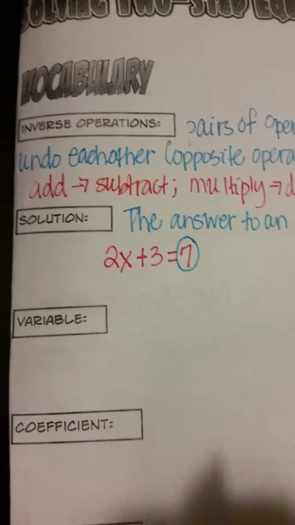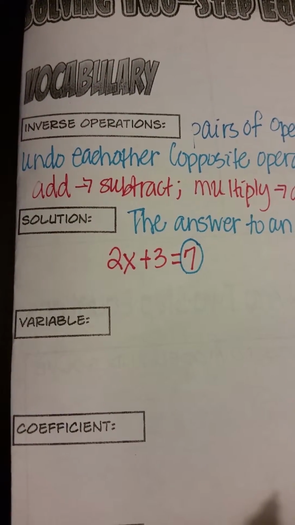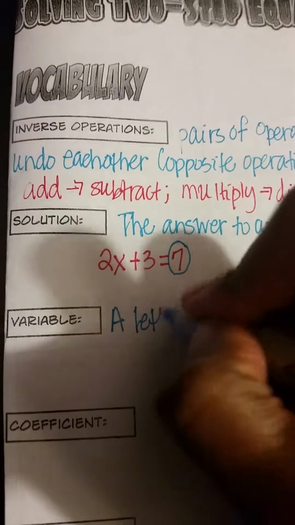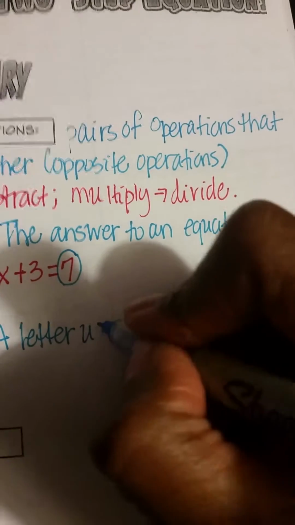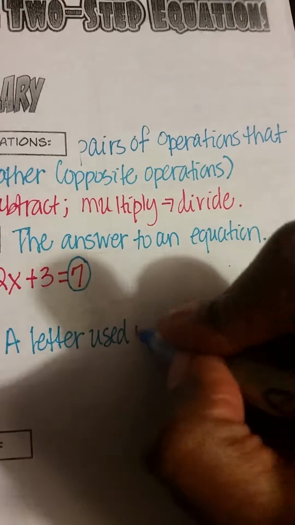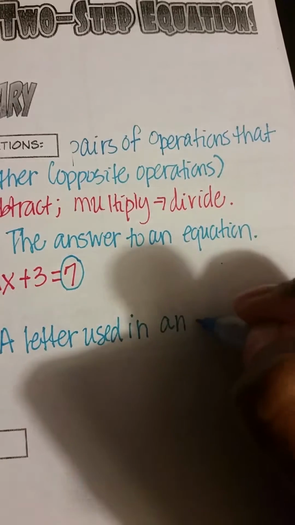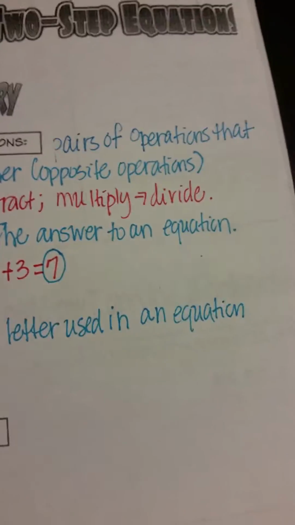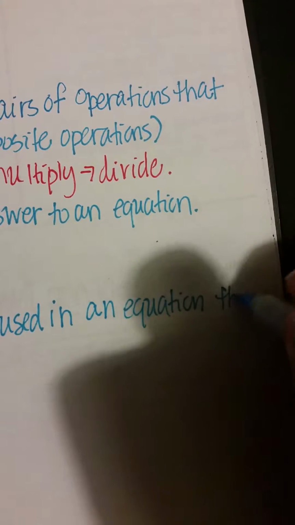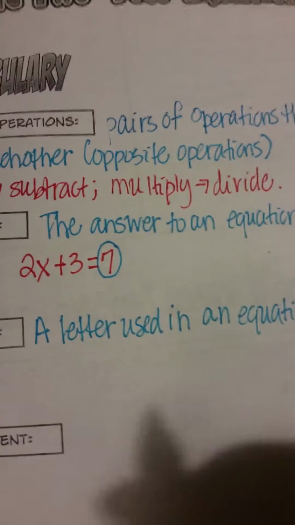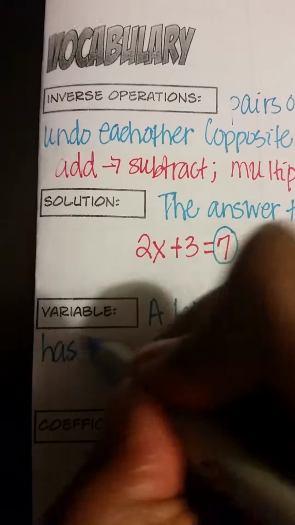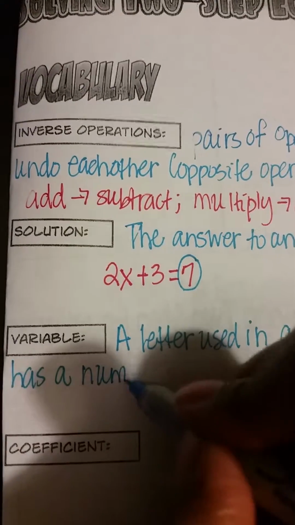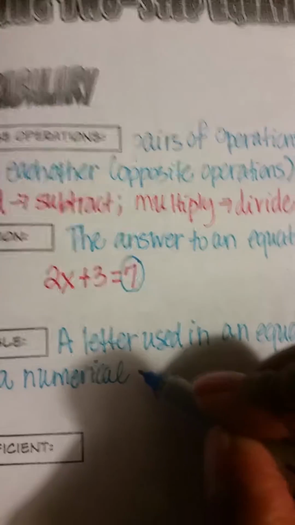Variable is a letter used in an equation that has a numerical value. A letter used in an equation that has a numerical value.